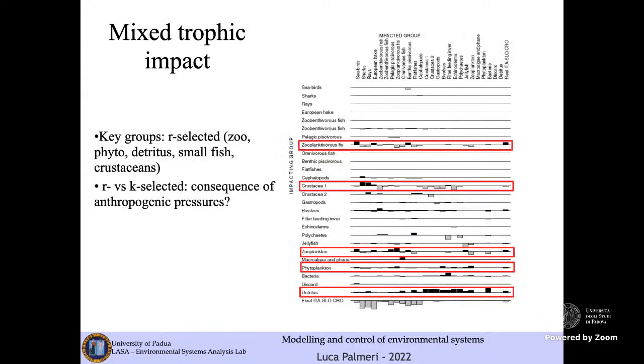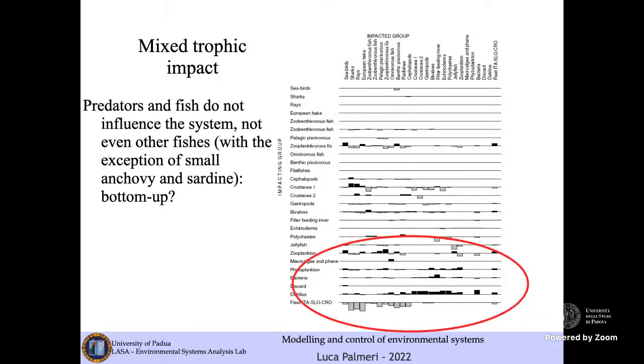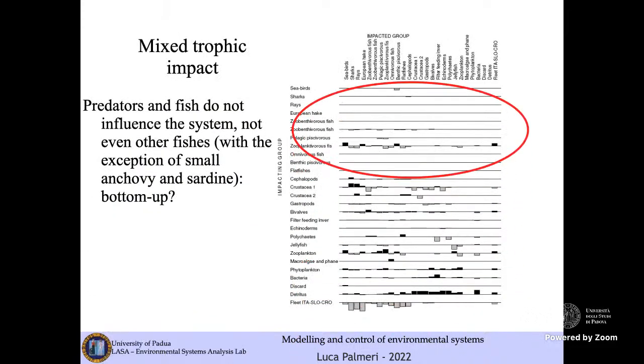And in particular, you may identify the key groups in terms of control, and you have various ways of evaluating this kind of controls. In this case, you may see that predators and fish do not influence the system, not even other fishes, with the exception of small anchovy and sardine. So does this mean that we have a bottom-up control?